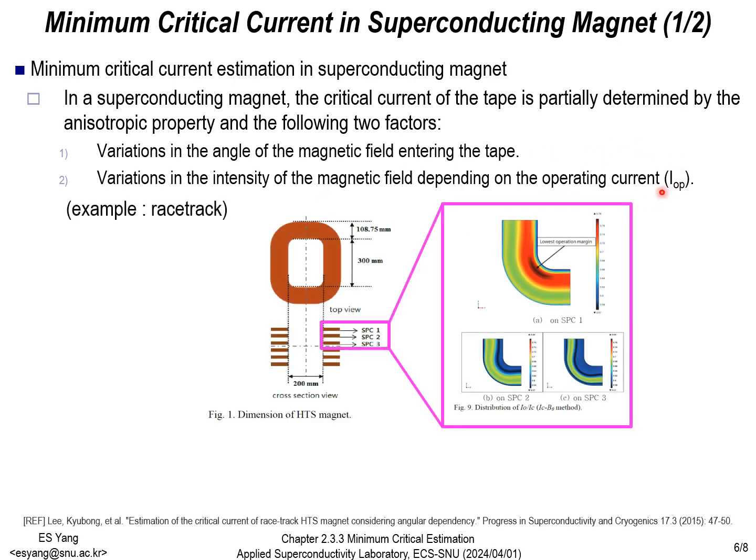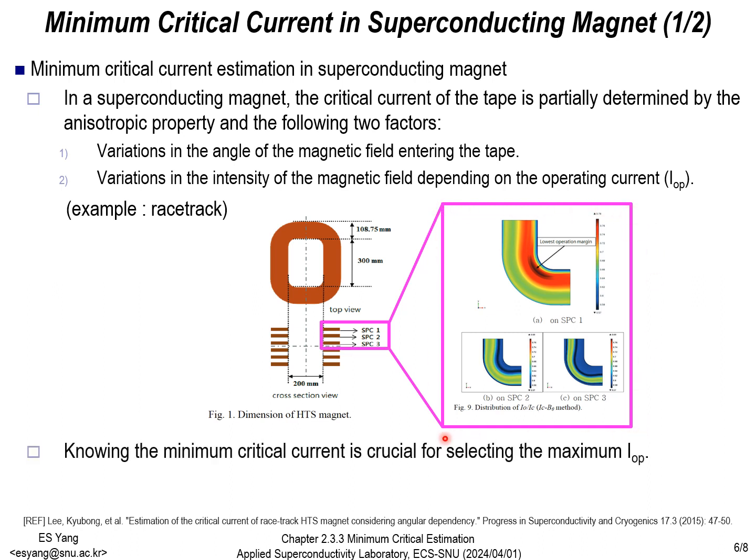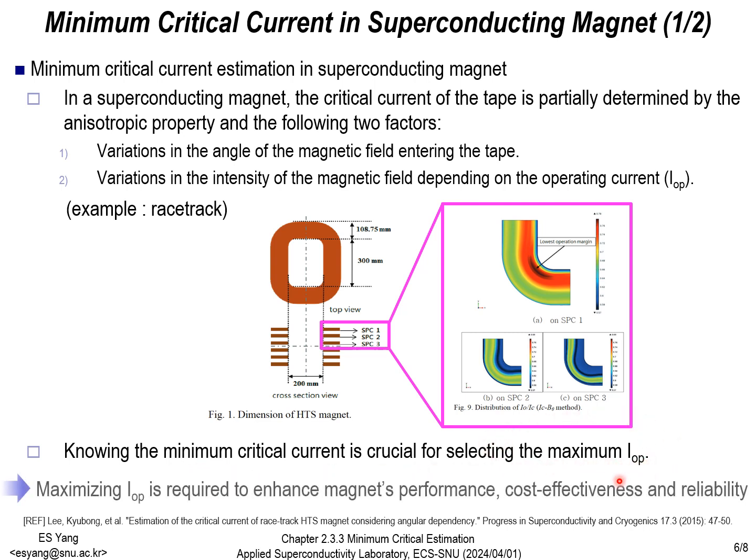Taking a racetrack as an example, you can see in the illustration on the right that the critical current varies at each position. Knowing the minimum critical current is essential for determining the maximum operating current, which enhances the magnet's performance, cost-effectiveness, and reliability. Therefore, estimating the minimum critical current is crucial in magnet design.